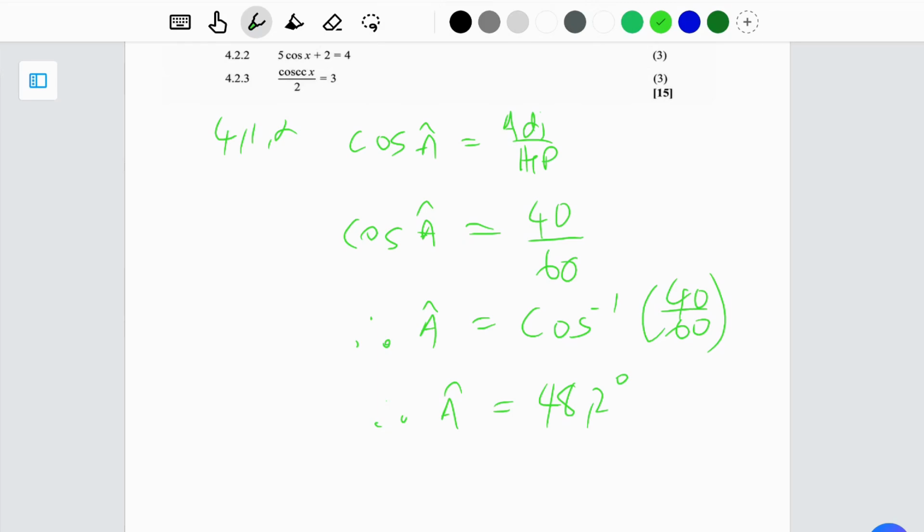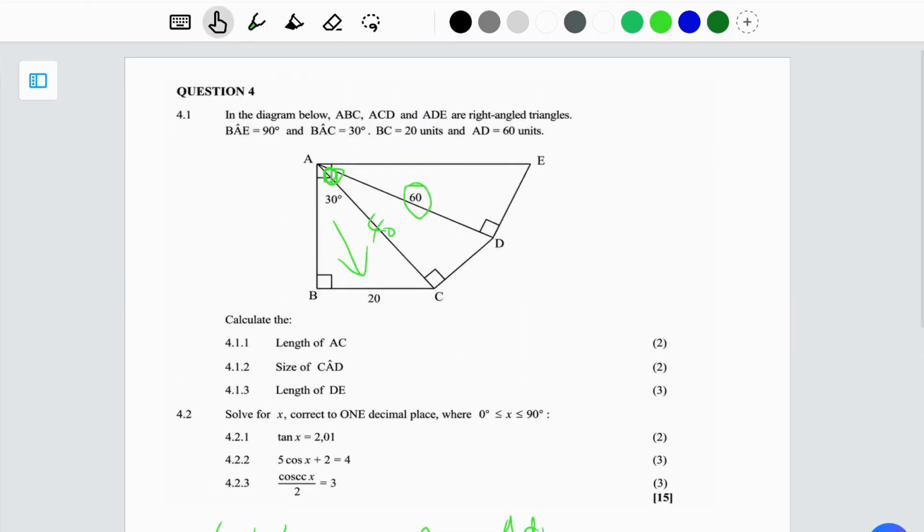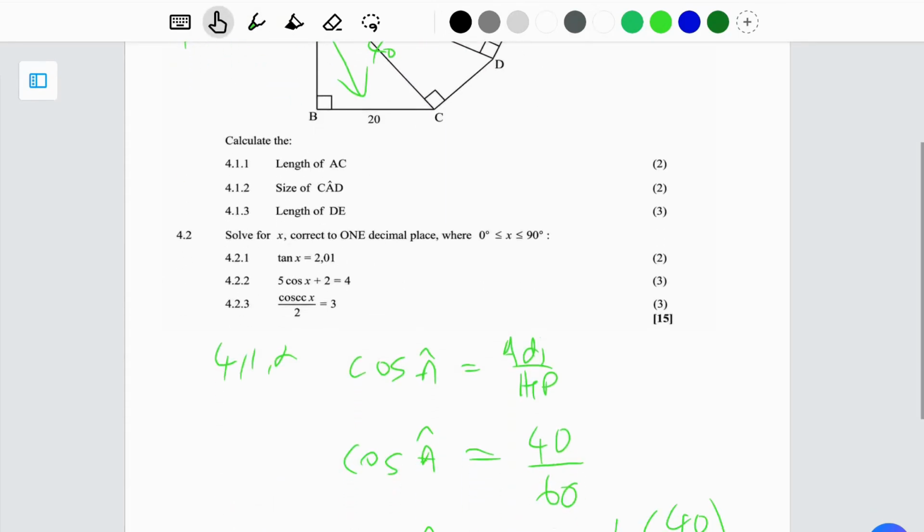So where does that go in? That's that little angle there in that corner. Right there in that corner, that little piece is now 48.2 degrees. You guys with me? Let's move on to the next question.